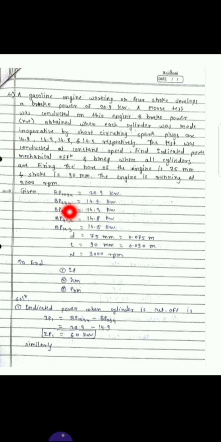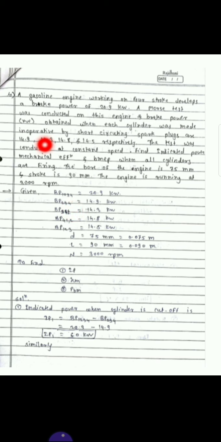So first, brake power 14.9 we will consider. Brake power here is given as 234 equals 14.9 kilowatt. What is meant by this 234? It means brake power when cylinders 2, 3 and 4 are working and cylinder 1 is inoperative. Brake power is 14.9 kilowatt.